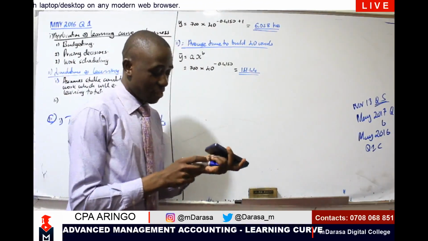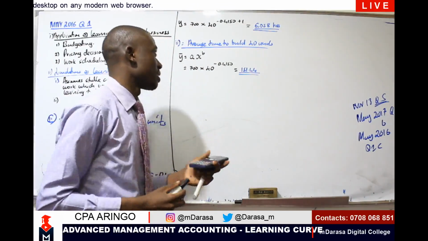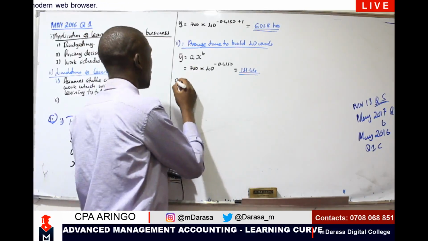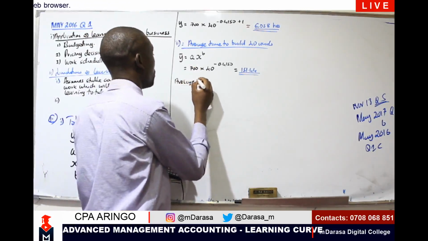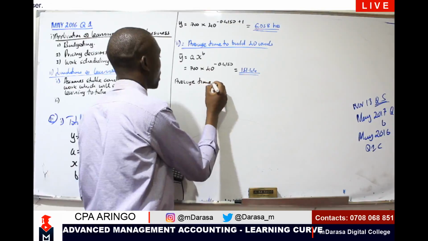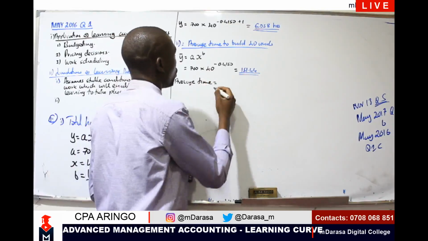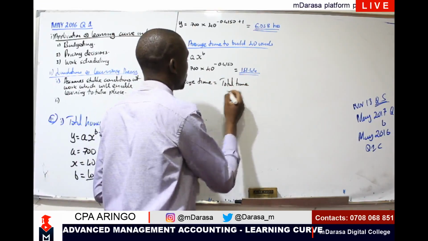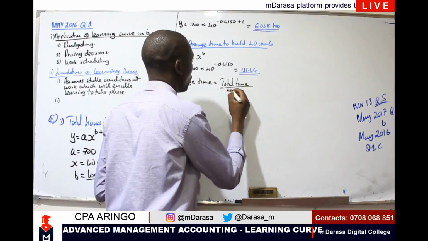Alternatively, we can take our average time without using the learning curve concept. We take our total time and divide by the number of units produced.